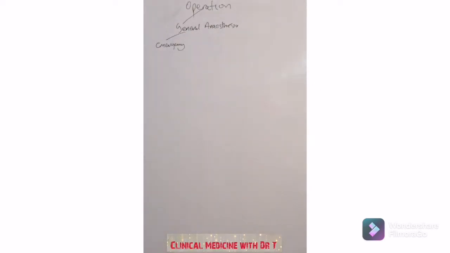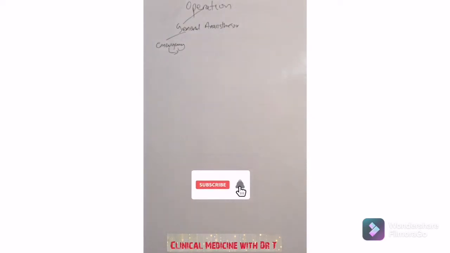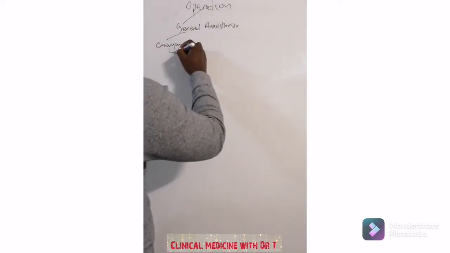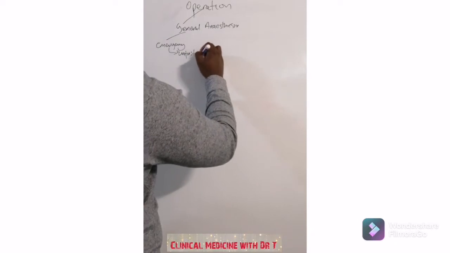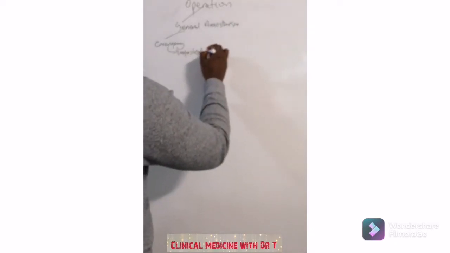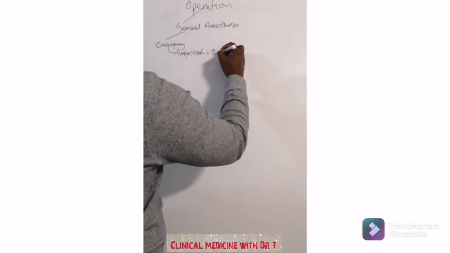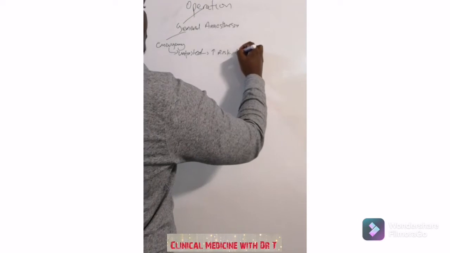If the patient is an emergency, that tells you, as an anesthetist, that this patient is unfasted. And because the patient is unfasted, they have an increased risk for aspiration.